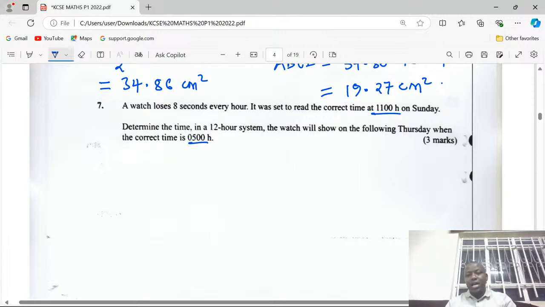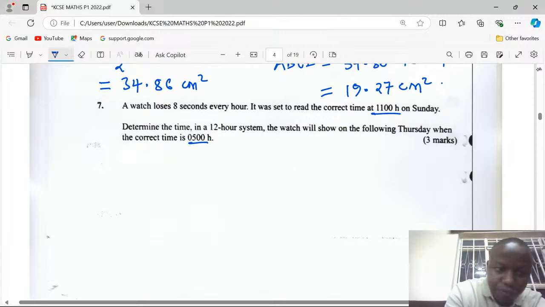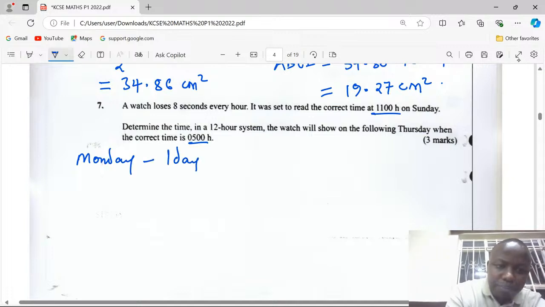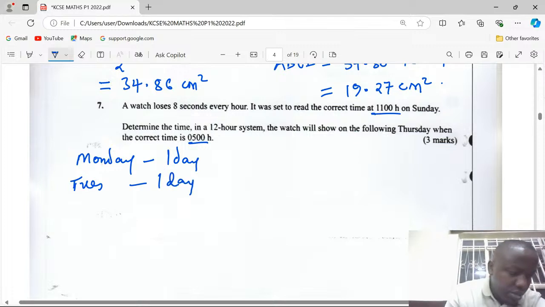From Sunday to Monday, there is 1 day. Then up to Tuesday, there will be another 1 day. Then from Tuesday to Wednesday, there is another 1 day.